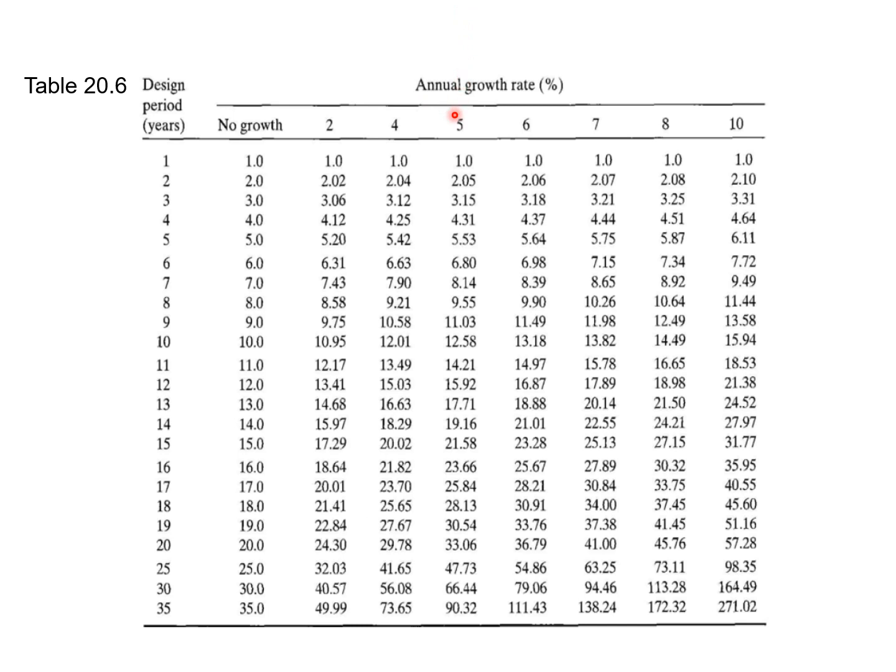Similarly, you are having 5, 6, 7, 8 or 10% annual growth rate. This table will give you the growth factor. Growth factor can also be determined by using the formula of the growth factor that we have already discussed.